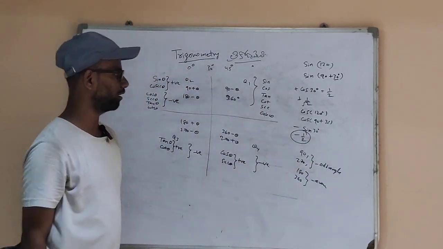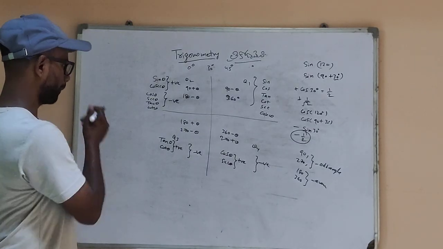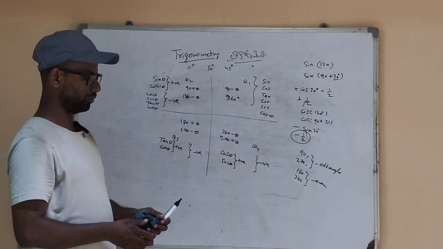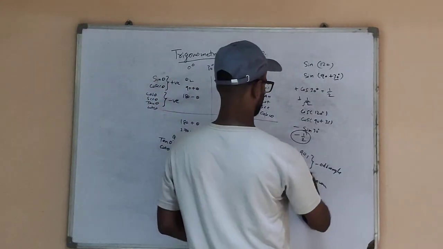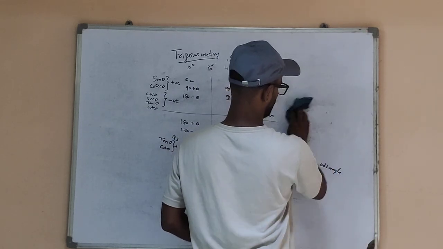In this manner, we have to solve the problems. I think you have understood this one. Next, we will do another 3 to 4 examples here itself, so that you can come to a conclusion.